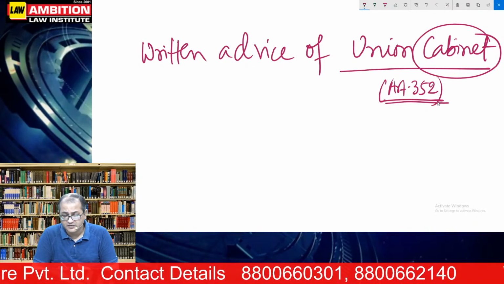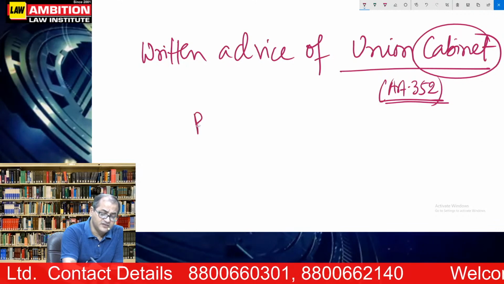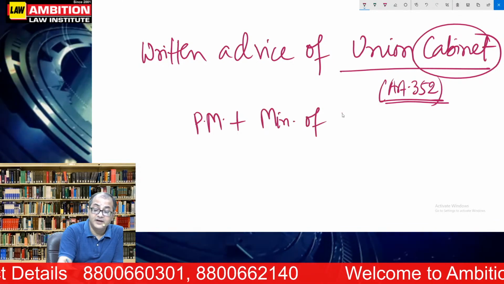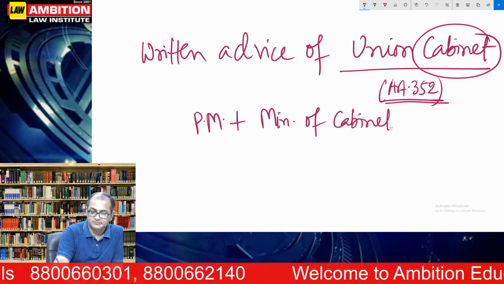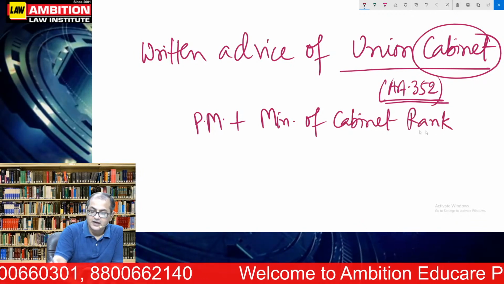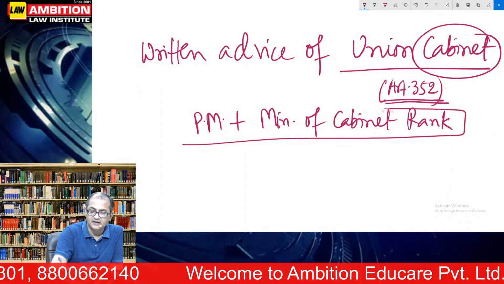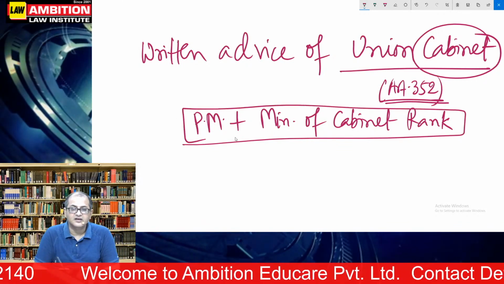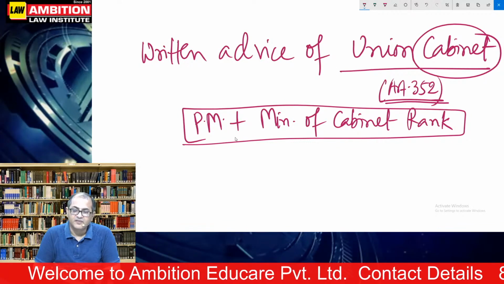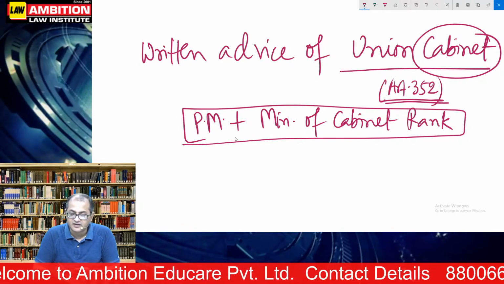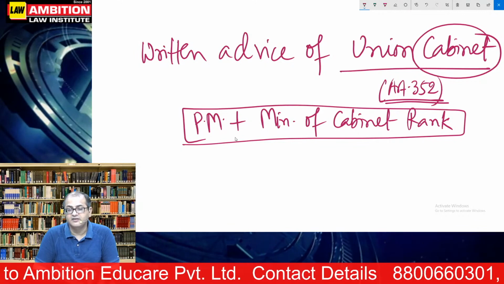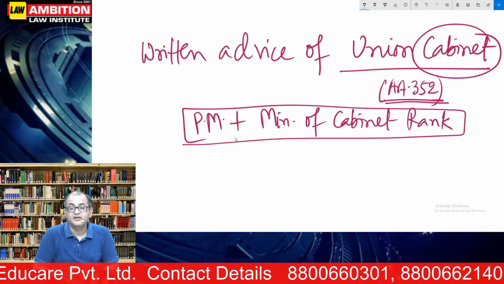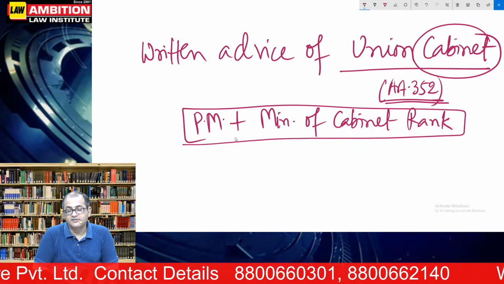And Union Cabinet will include Prime Minister and Ministers of Cabinet rank. Cabinet rank ministers are ministers of higher rank. Now you might be knowing Home Minister and Finance Minister and Foreign Minister. Now all these, Defense Minister, they are ministers of Cabinet rank. The most senior ministers of the government are Cabinet Ministers.